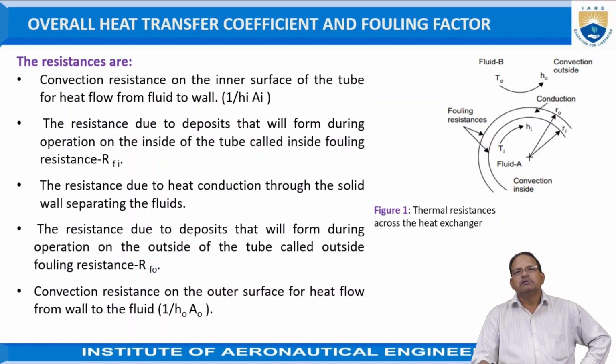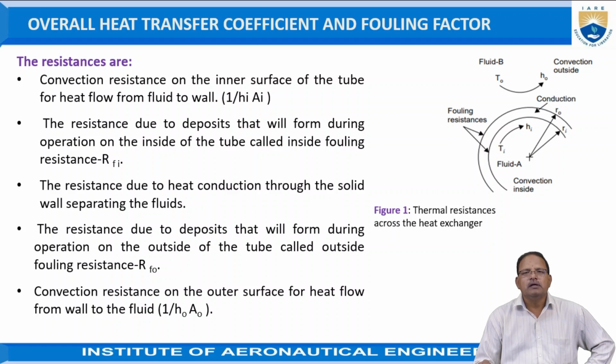Here are the resistances offered to the flow of energy from the liquid at higher temperature to the liquid at lower temperature. The first is convection resistance. Assume the liquid flowing inside is at higher temperature, and the outside is at lower temperature. The heat energy has to flow from the inner to the outer. First, convection takes place to flow heat energy from the liquid to the inner surface of the tube.